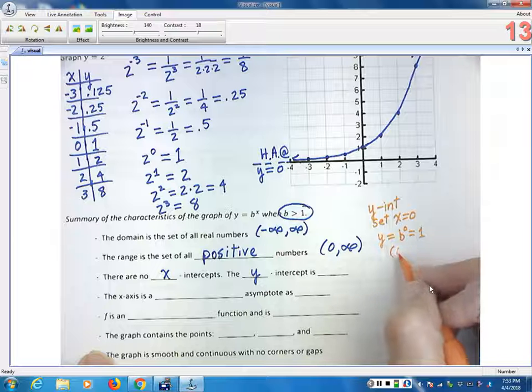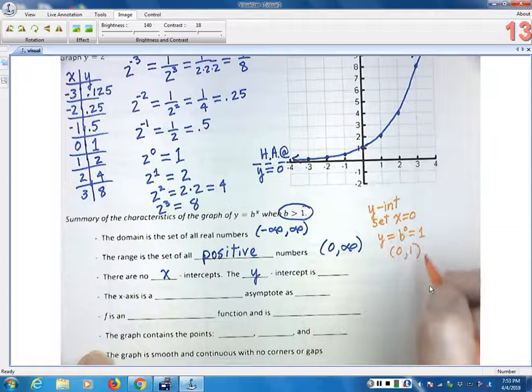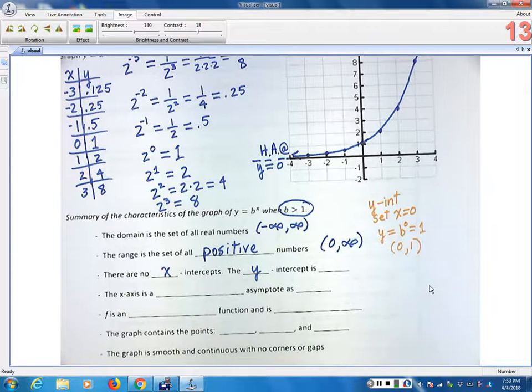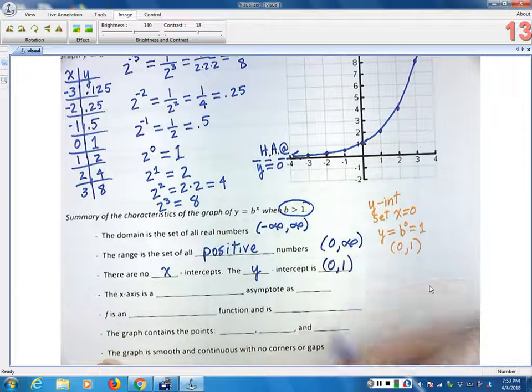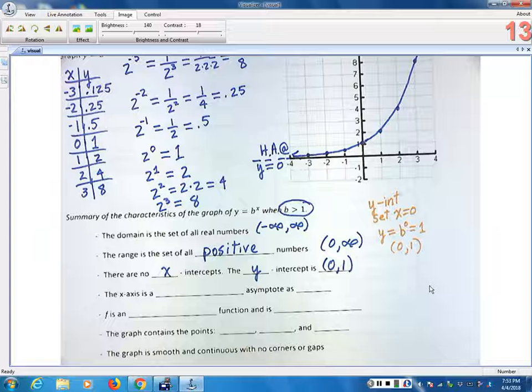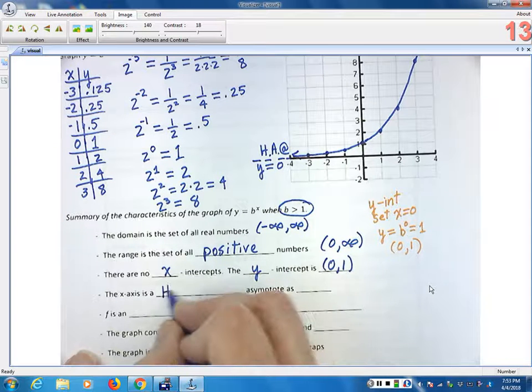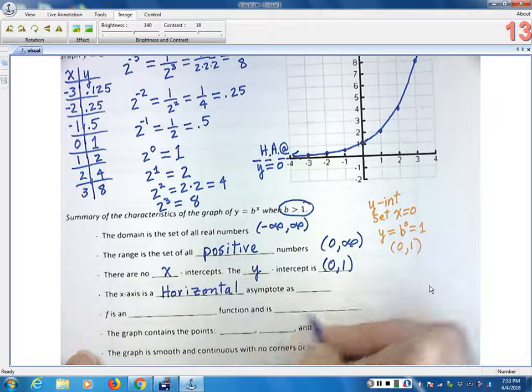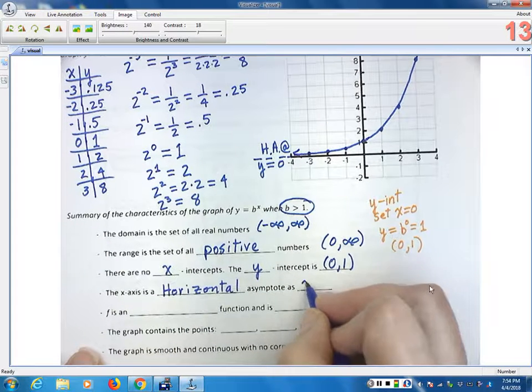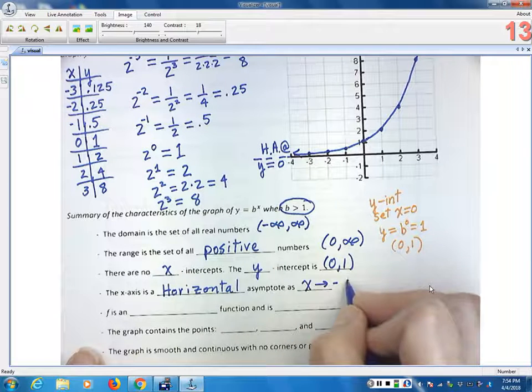So the y-intercept is always 0, 1. You don't have to show me that work if I ask for the y-intercept. For this function, it's always going to be 0, 1. The x-axis is a horizontal asymptote as x goes to negative infinity.